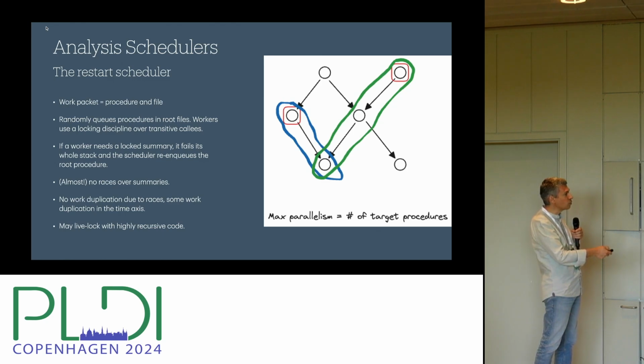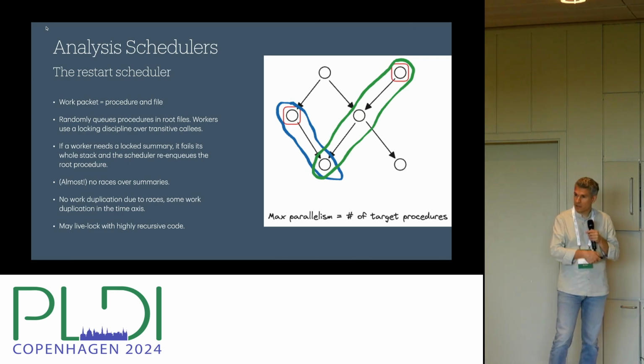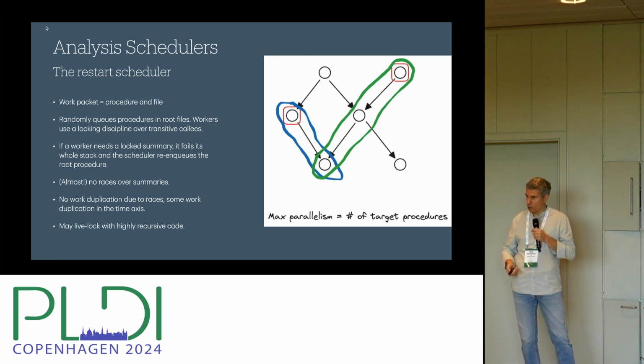Okay, so these two have been locked. And meanwhile, this other worker starts analyzing this procedure, locks it, goes down the graph, says, okay, I need more, goes here, and then tries to lock, but sees that the other worker has the lock.